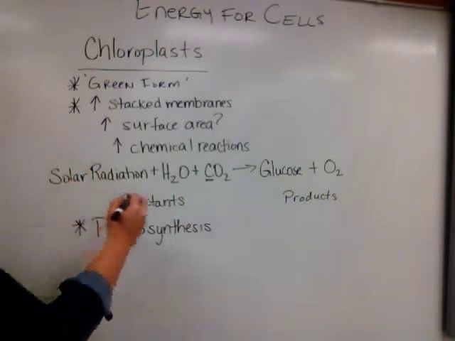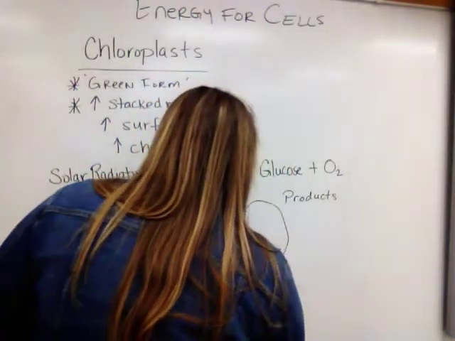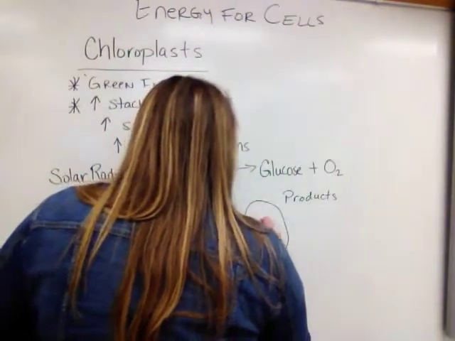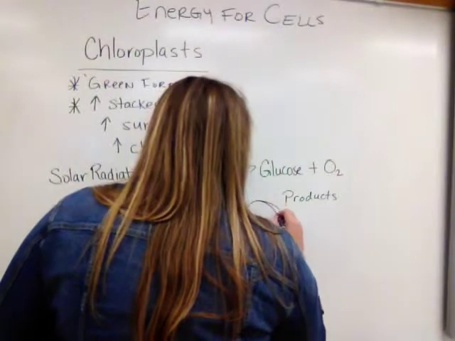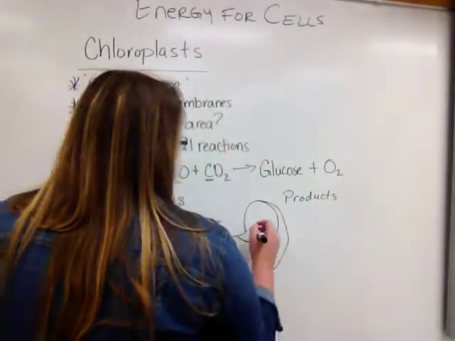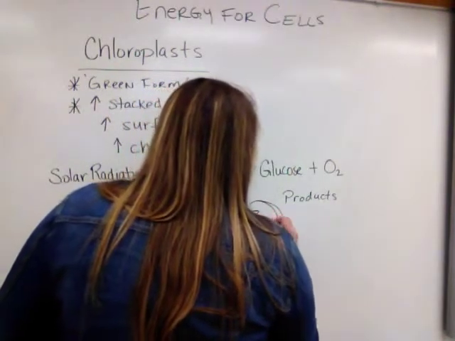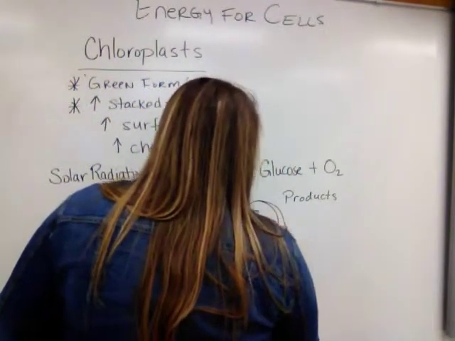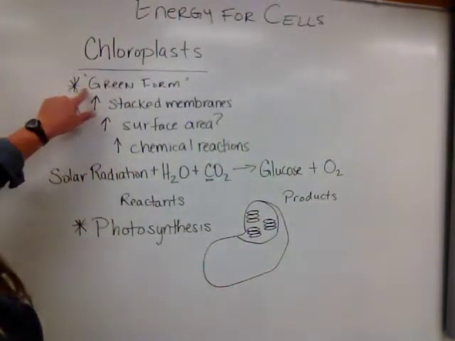Okay, I guess we could go ahead and try to sketch. Can you guys see over here? I'll put it right here. If we were to take out a section of the chloroplast, you would see these little stacked membranes. Remember when we said we had a green form?